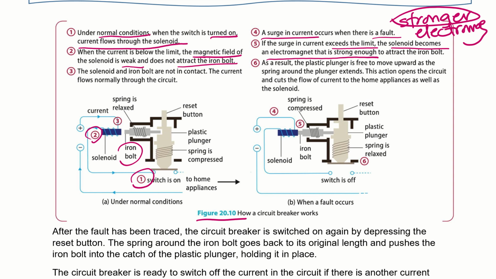So what happens now that it becomes a stronger electromagnet? As a result, the plastic plunger is free to move upwards, because before that the plastic plunger was stopped by this iron bulk. But now the iron bulk has moved to the left due to the attraction. What's the purpose of using iron bulk?